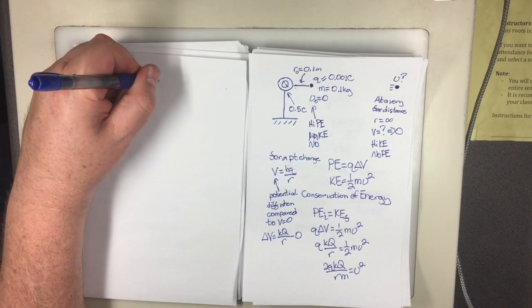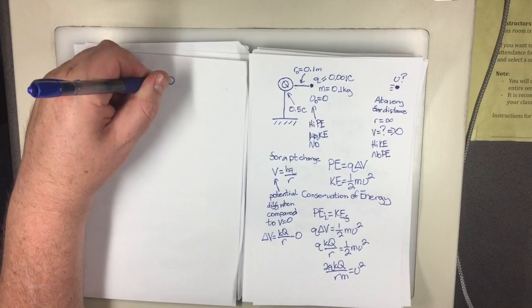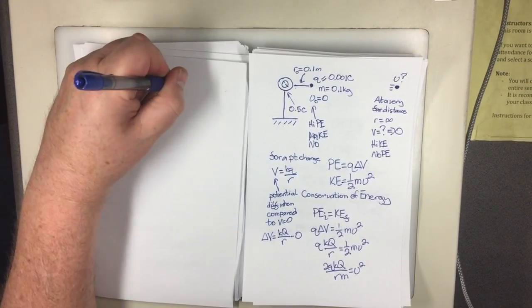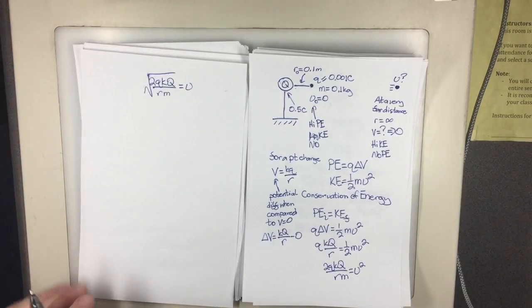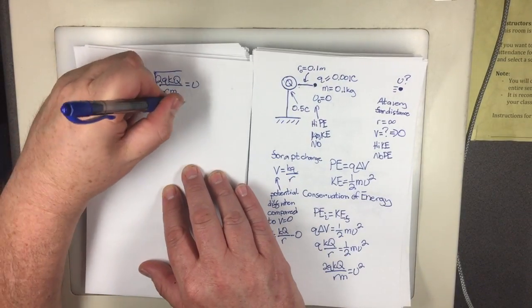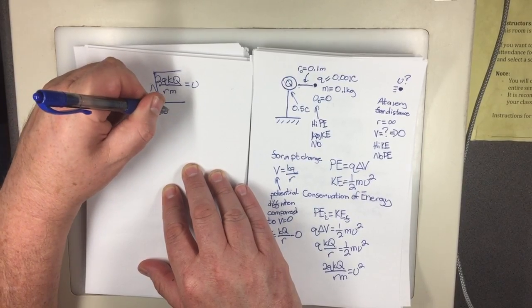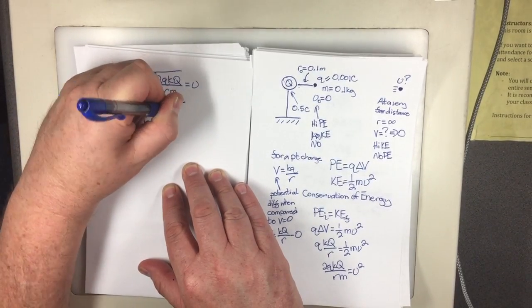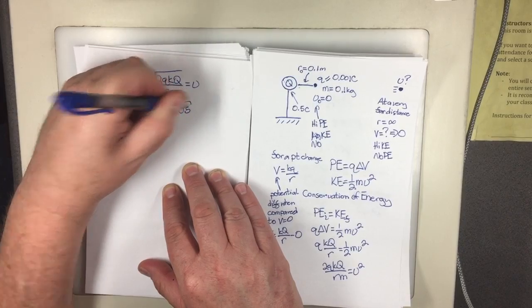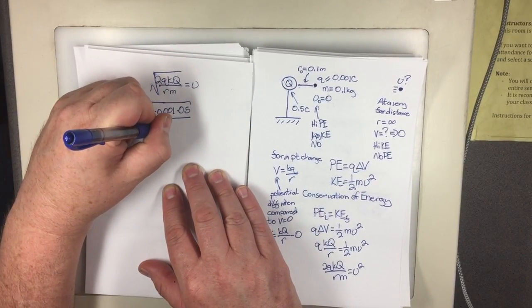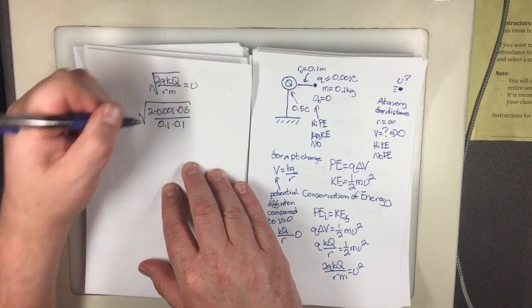Which gives us 2qkQ over R m, square root, is v. So this becomes 2 times 0.001 times 0.5 times 0.1 times 0.1.